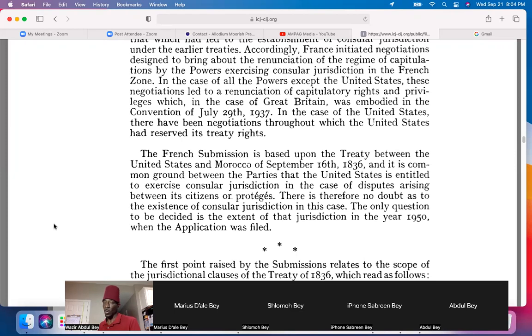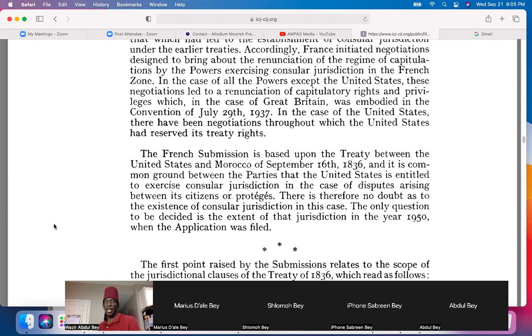Who are the proteges? The Moors, the Moroccan subjects and proteges. There is therefore no doubt as to the existence of consular jurisdiction in this case. The only question to be decided is the extent of that jurisdiction in the year 1950 when the application was filed.